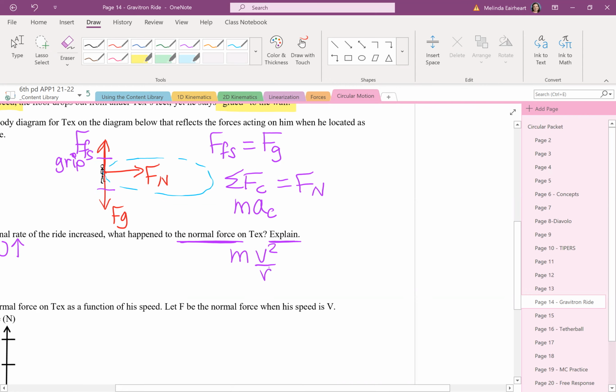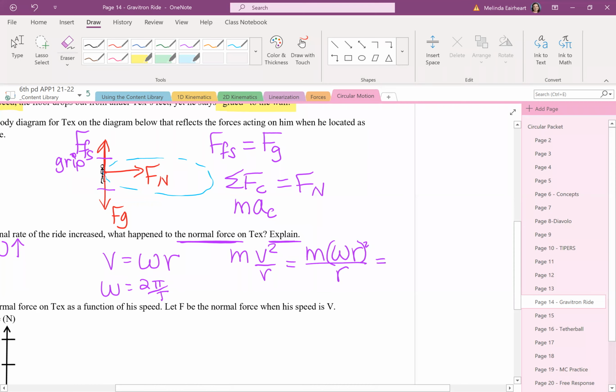We derived it once, so I'm not going to derive it again. It does take a while, but hopefully you remember I showed you that v would equal omega r. 2 pi over T is omega. And so we can plug in omega r, all squared.